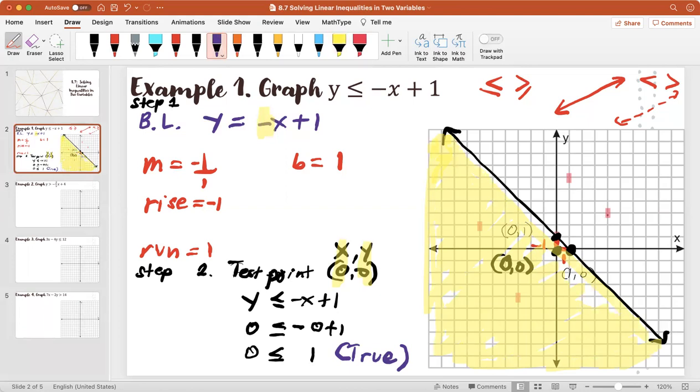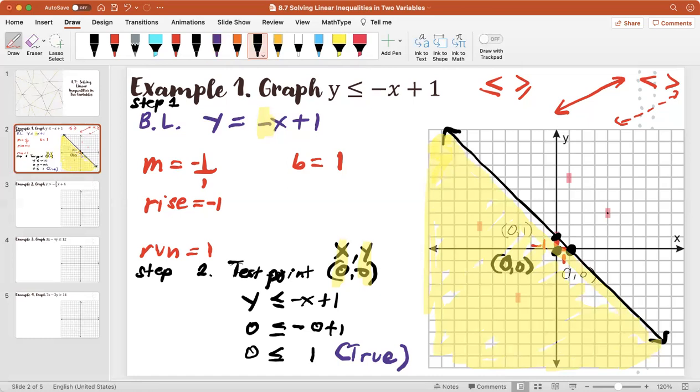How about this point? Okay, let's say all points here will make our inequality true, but all points here will make our inequality, what do you think? True or false? False. Of course. But let's try to check one. What are the coordinates of this point here?